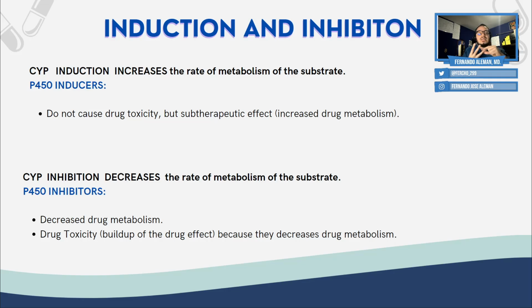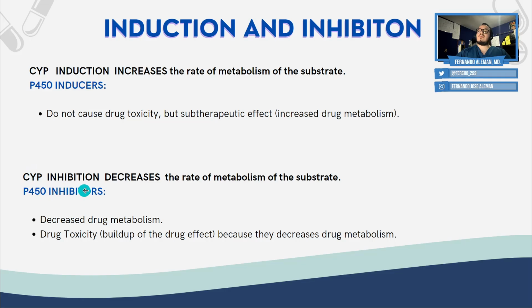So this drug will stimulate the P450, and then the metabolism of the drug A will be way quicker because of the induction of the enzyme. Okay, I will explain this later as the lecture goes on, so you don't have to worry about it.